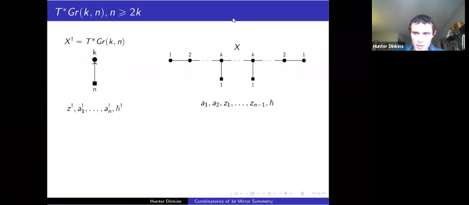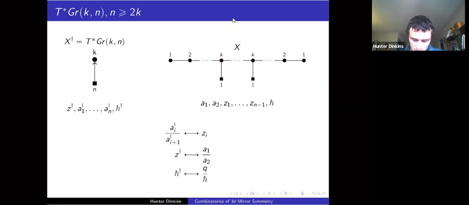Or maybe more combinatorially, we have one vertex, so we get one Z. On the dual side, or on the side of X, we have two framings, so I get two A parameters. And then maybe I should write how many. So we've got k appears n minus 2k plus 1 times. So if you add it up, we're going to have n minus 1 Z variables, and then we also have h bar.